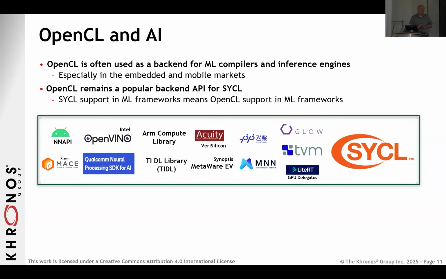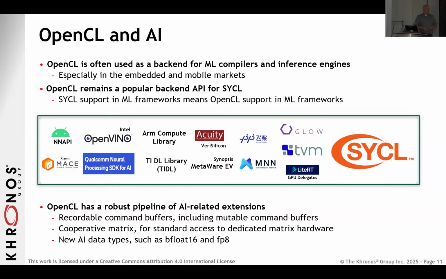This doesn't mean that we've been resting in the working group though, and just to say it again, we do have a robust pipeline of AI-related extensions that are specifically targeting AI use cases. This includes things like recordable command buffers, cooperative matrices, and support for new AI data types like bfloat16 and FP8.